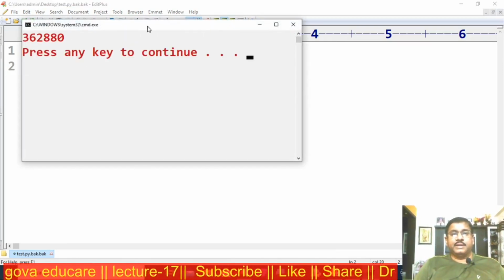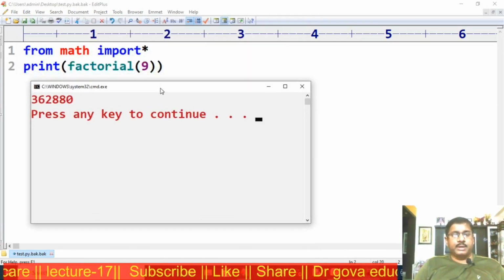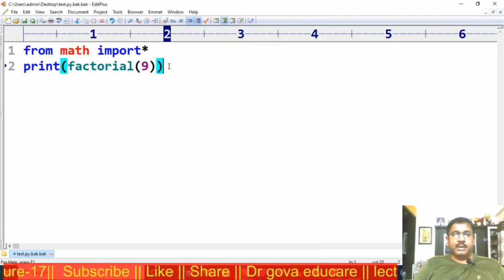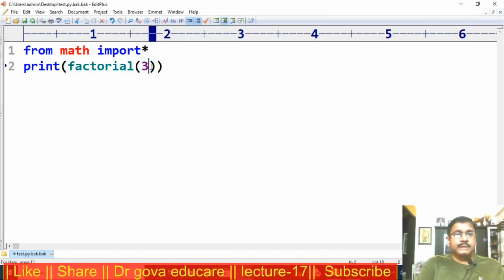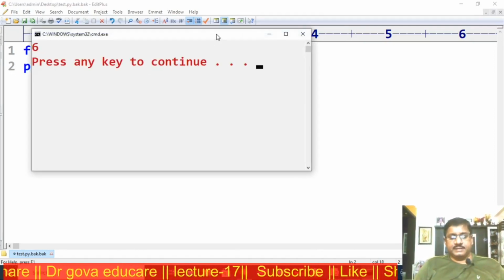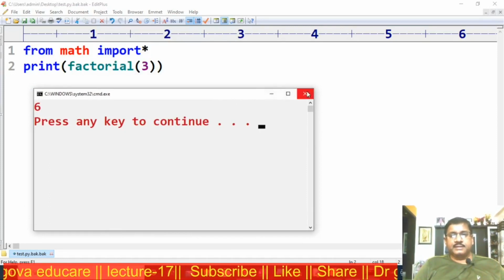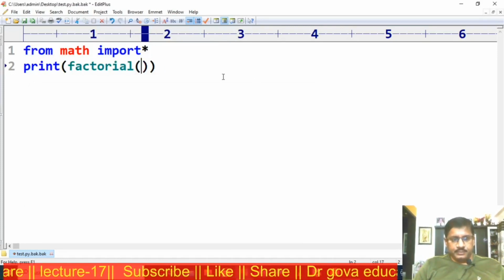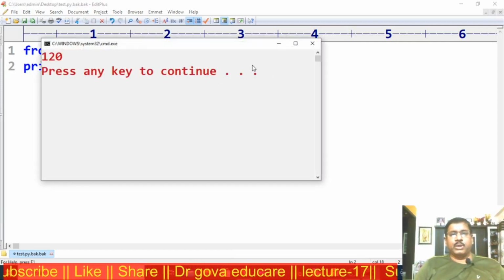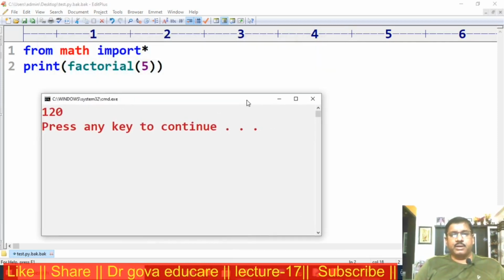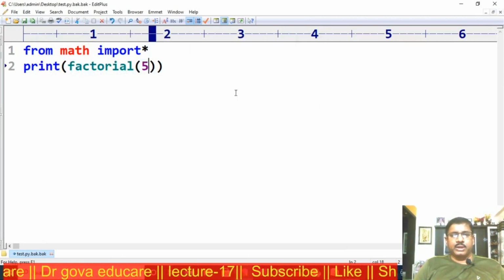Now this is the factorial value of 9. Similarly, I want to perform the factorial of 3, which is 6. The factorial of 3 is 6. Similarly, factorial of 5 is 120.